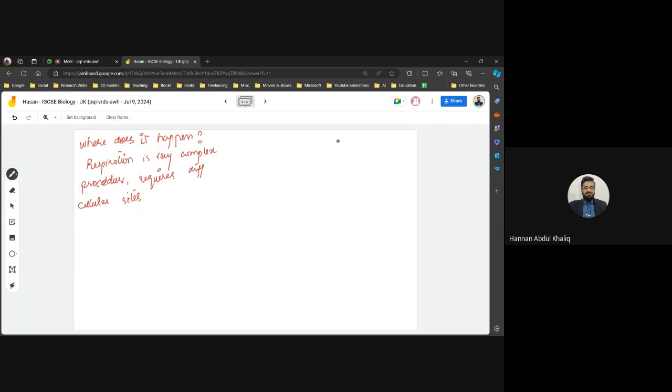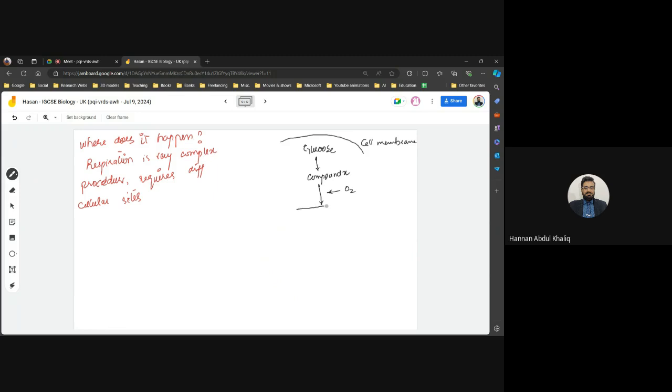Suppose that this is your cell membrane, and over here you have glucose. You would convert the glucose into a compound X. Then you must also remember that oxygen is the ultimate requirement for respiration.